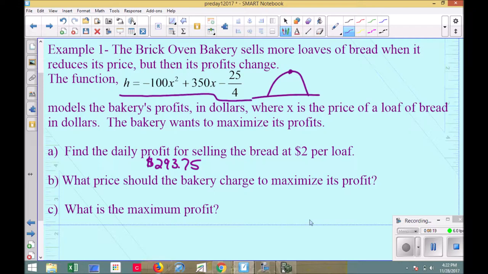So remember, by hand, we completed the square to get the equation into vertex form. So we knew what the vertex was. Here, we're going to again use the graphing calculator feature that's going to get the vertex for us. So back to my calculator.